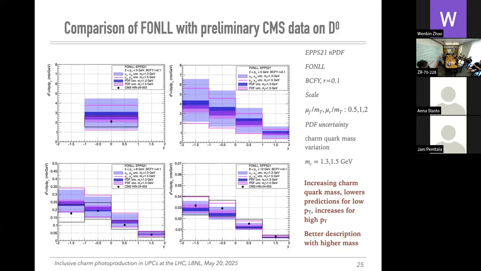So here I would have to, if the diffraction is 10%, the calculation goes down. Wait a second, because I have to subtract. Oh yeah, that's true, but then you have to do the full simulation. I don't have diffraction subtracted here.